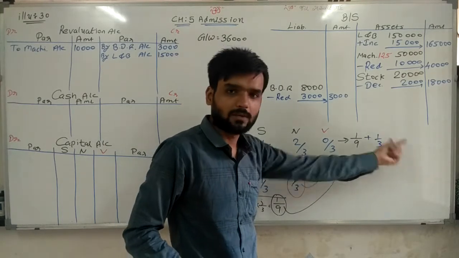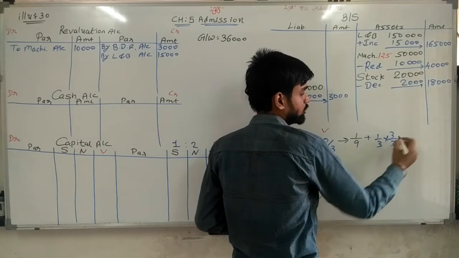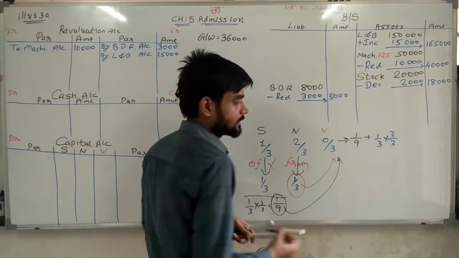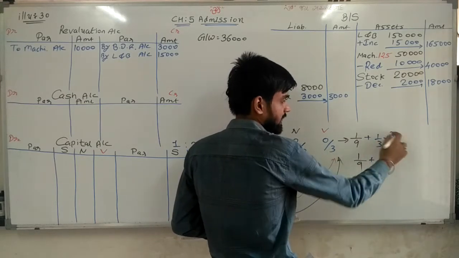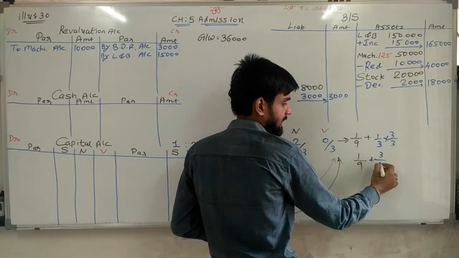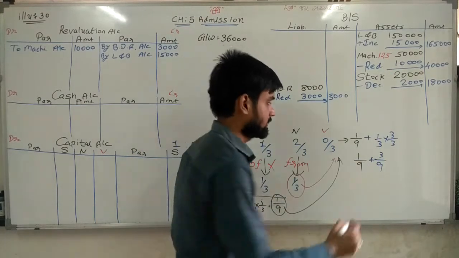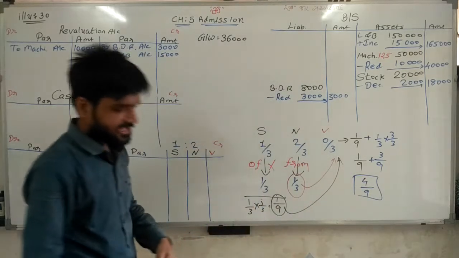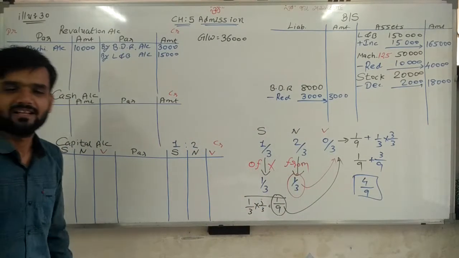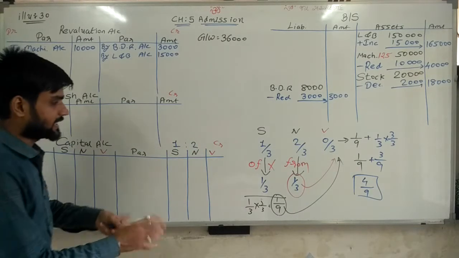Here 3 multiply with 3, then we get 9. So multiply numerator and denominator both. 1/9 as it is. 3 1s are 3, 3 3s are 9. Now, sir, the denominator becomes the same. 1 plus 3, 4/9. This 4/9 is the ratio of Vijay. Now I can write here.